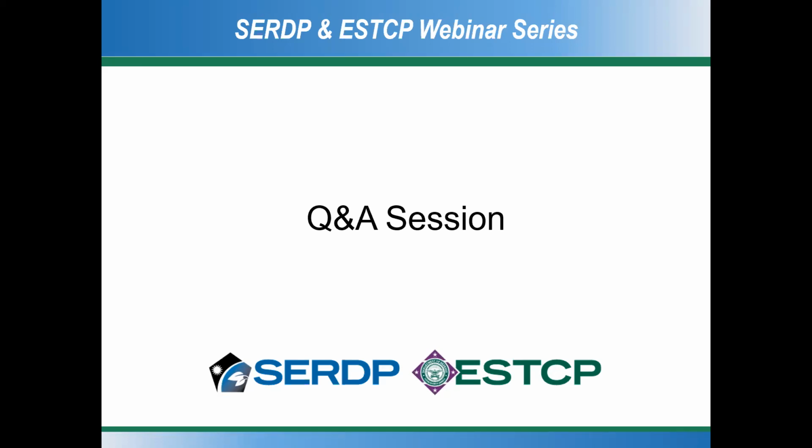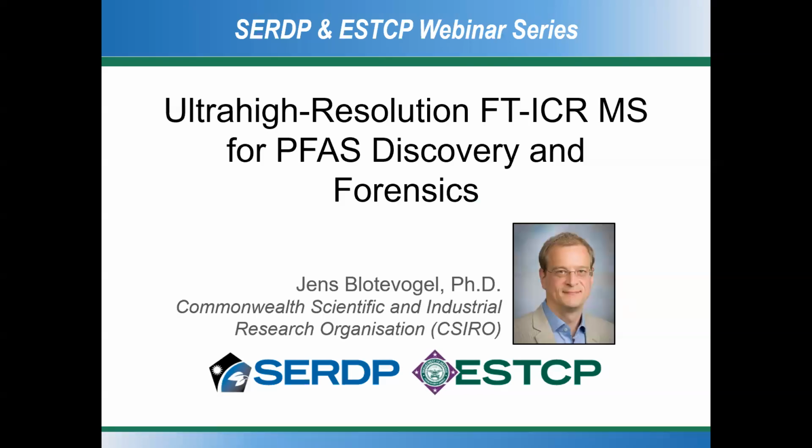But at this point, I'm gonna go ahead and introduce our last speaker today. Dr. Jens Blotvogel is a principal research scientist and team leader for environmental protection and technologies at CSIRO in Adelaide, Australia. Jens also holds an affiliate faculty position in the Department of Civil and Environmental Engineering at Colorado State University in Fort Collins.